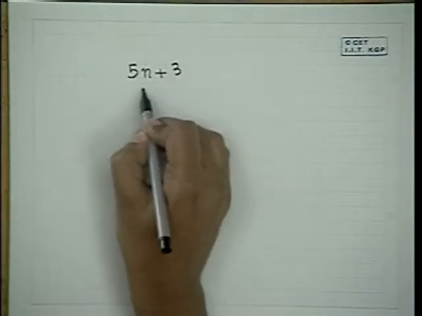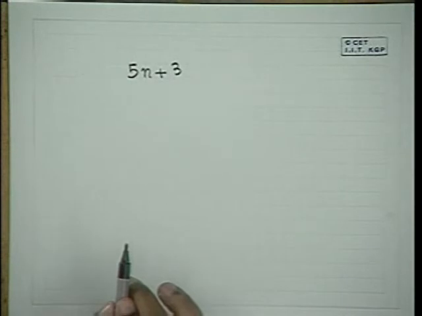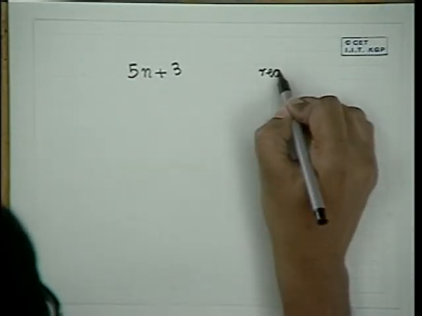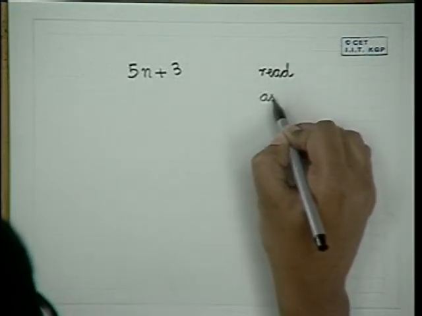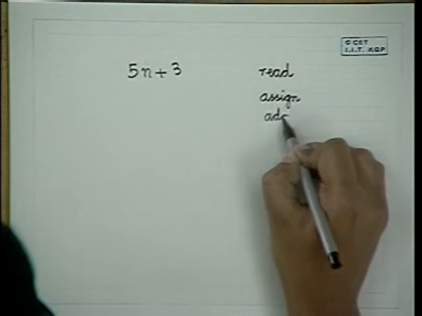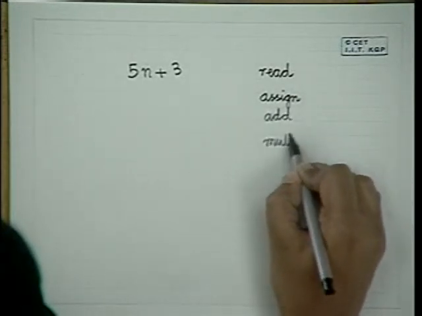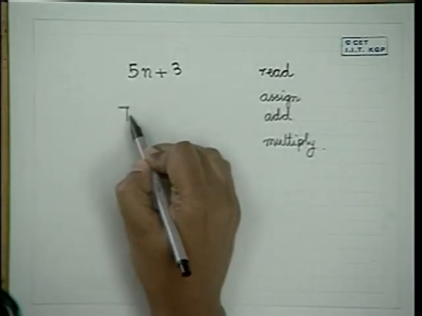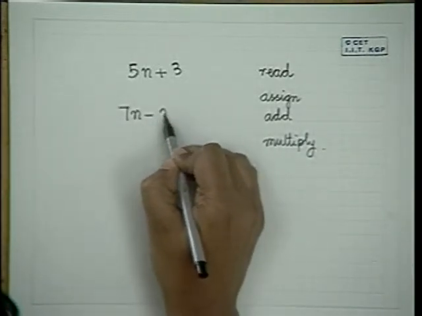How did I get this 5n? I got this by making all statements unit time. But this may consist of, say, some read statements and some assignment statements, some add statements and some multiply statements. Another program takes 7n minus 2.